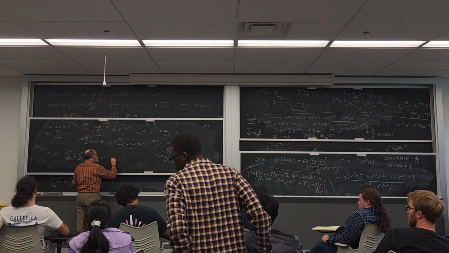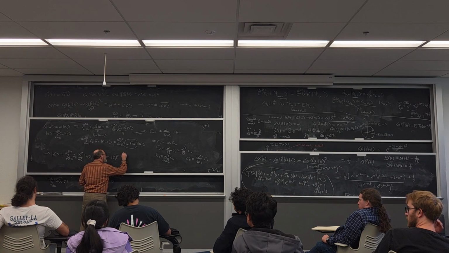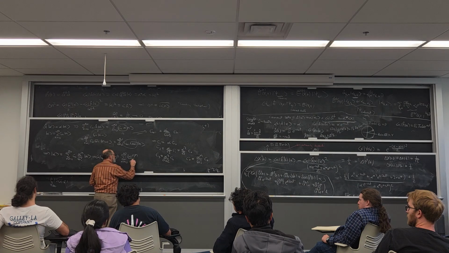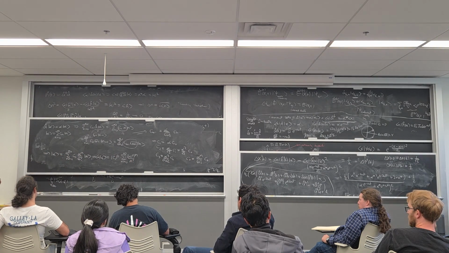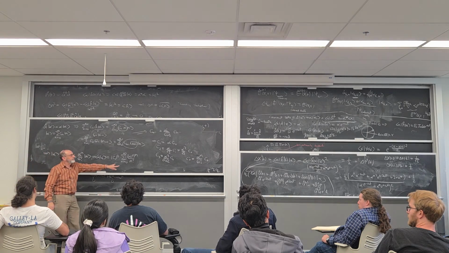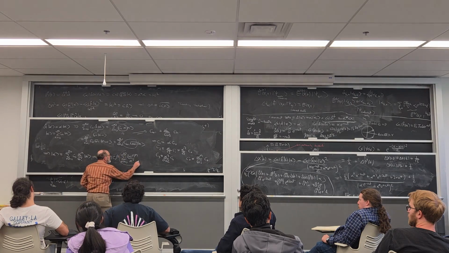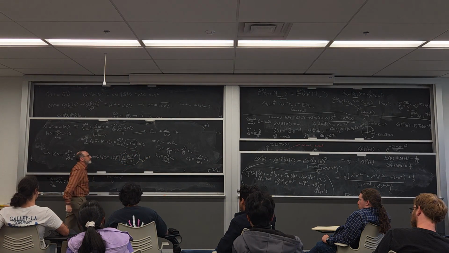C0 can come outside the sum. And I get that. Okay? What is the sum? It's e to the thing. Yeah. So this is equal to e to the alpha squared.